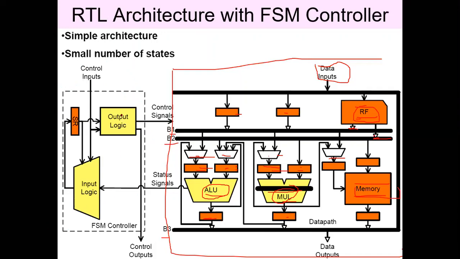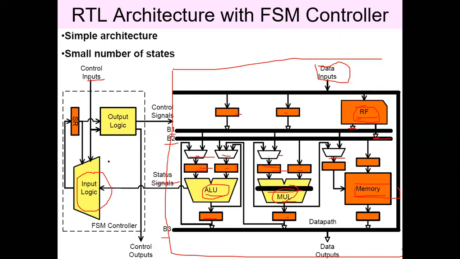Since it is an FSM-based controller, different states will be defined, right? Depending upon the input, that is, control inputs and the status signals, these are the inputs to the input logic. Here we have an input logic.